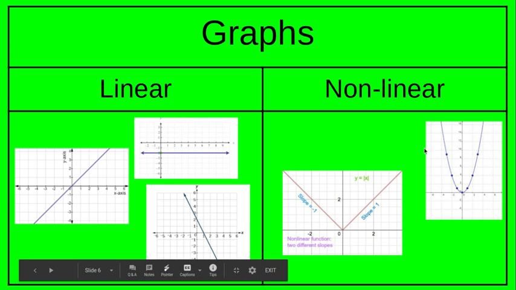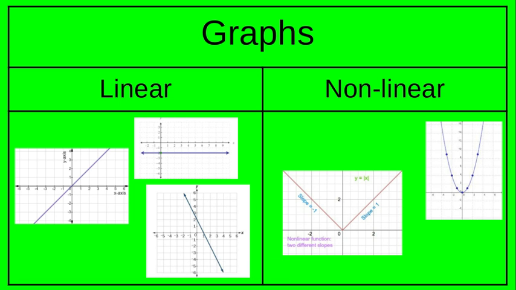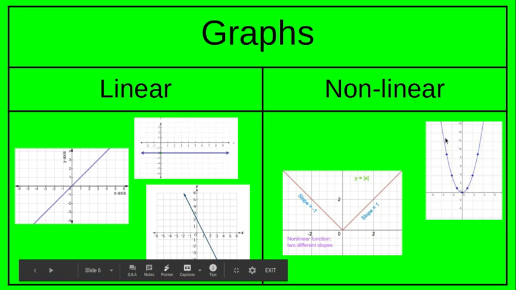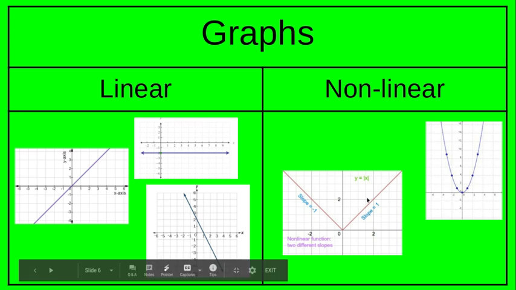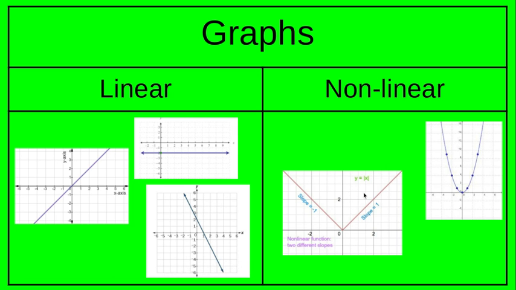Now, 2 examples of nonlinear functions. And there are many more. These are just a few examples. Clearly, this one is what's called a parabola, and it is nonlinear. It's not a straight line. But this one right here is not linear either. Here's another example of a nonlinear function where we have an absolute value symbol.